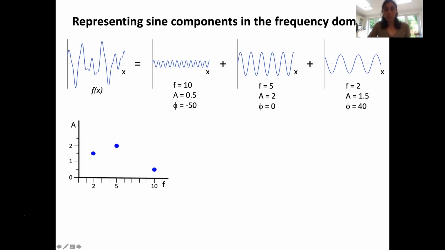So now if we take a plot where we have the frequency on the x-axis and we plot the amplitudes on the y-axis, we can say that we have 0 amplitude everywhere, but at frequency 2, suddenly we find that the amplitude is 2. So there actually is a positive component there that contributes to the wave. So we have this dot here in the plot. We have another one at 5 and another one at 10.